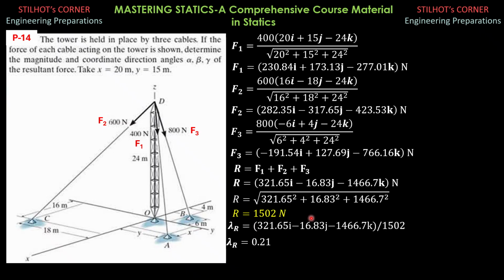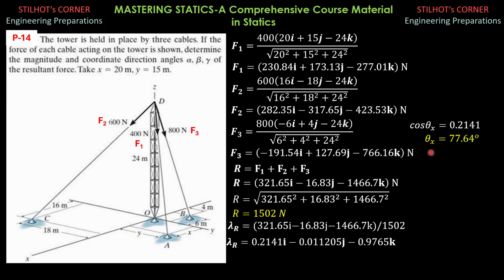Simplifying, lambda R is 0.2141i minus 0.011205j minus 0.9765k. So that means cosine of theta x, or cosine of alpha, is 0.2141, and inverse cosine of 0.2141 is equal to 77.64 degrees.